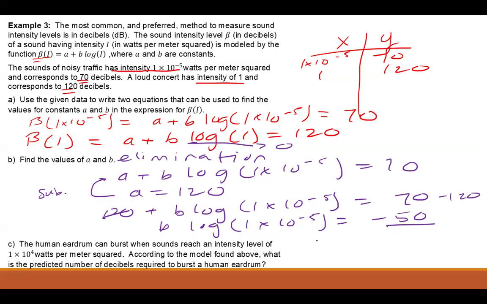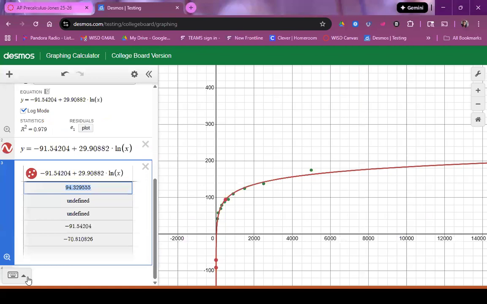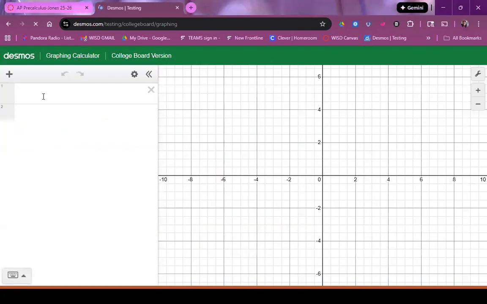Now we're at the point where we're finding the values of a and b. We know a is 120. And now to find b, we're going to plug in negative 50 divided by log of 1 times 10 to the negative 5. So when I come over here, I'm going to refresh so I can clear this all away.